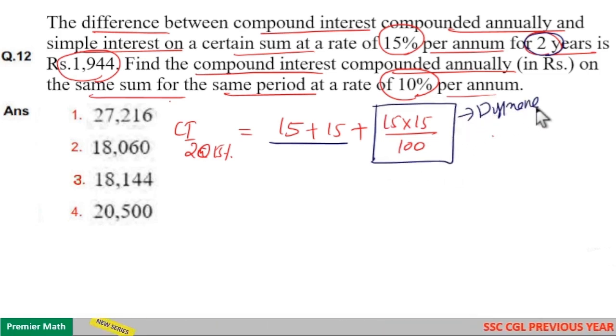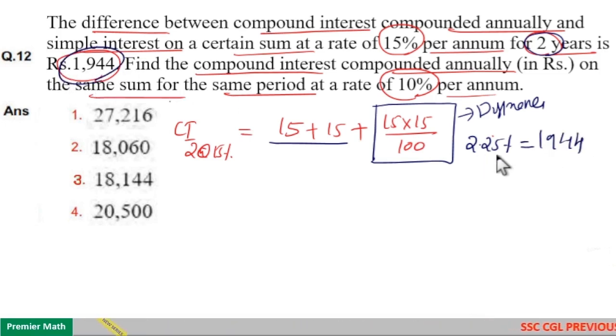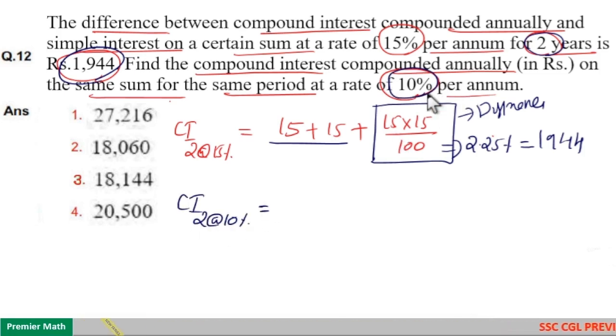That is, here the difference is 225 by 100, which means 2.25%. So here the difference is given as 1944. If 2.25% is 1944, then we need compound interest for 2 years at the rate of 10% per annum, which means 10 plus 10 plus 10 into 10 by 100, that is 21%.